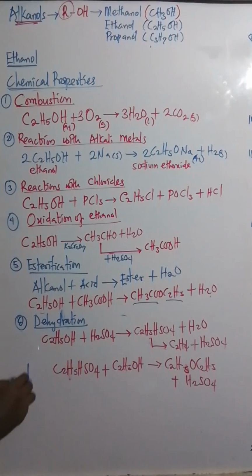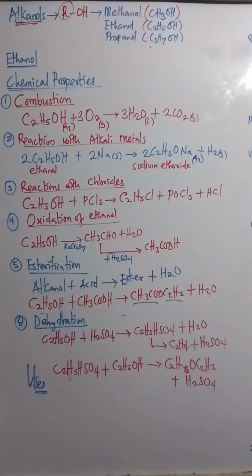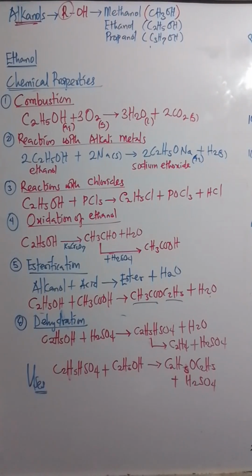Now let's talk about the uses. What are the uses of ethanol? Number one, they are used as solvents to dissolve resins, soaps, perfume and dyes. So they are used as organic solvents. Two, they are raw material to manufacture new substances such as esters, alkenes, ethoxyethane, and other forms.